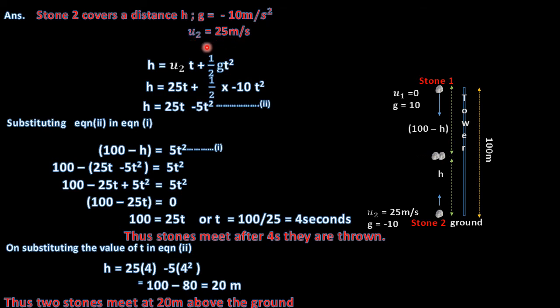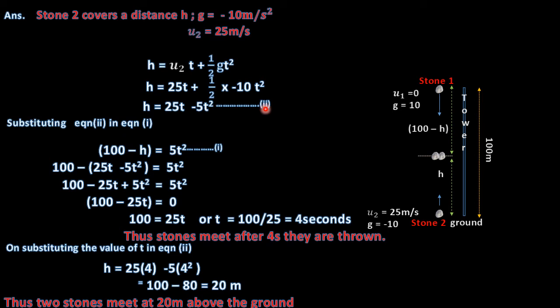So according to the equation, h is equal to u2t plus half gt square. h is equal to 25t plus half into negative 10t square. So here the 2 and minus 10 get cancelled, and we get h is equal to 25t minus 5t square. This is our equation 2.